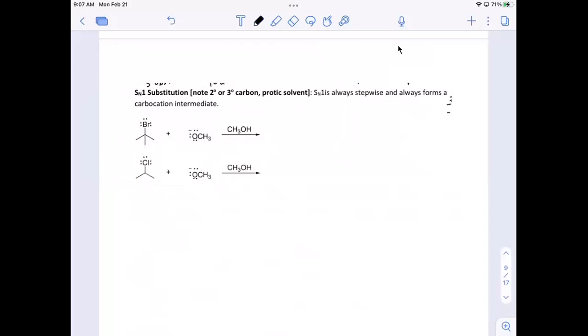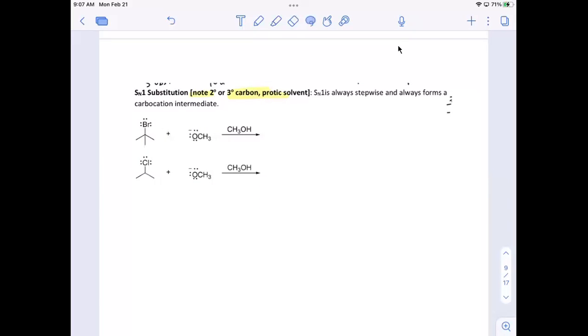It has more to do with the transition state and the rate. So let's talk about that. That's a good observation, because the SN1 is more common for tertiary carbons than secondary carbons. Primary carbons cannot do SN1.